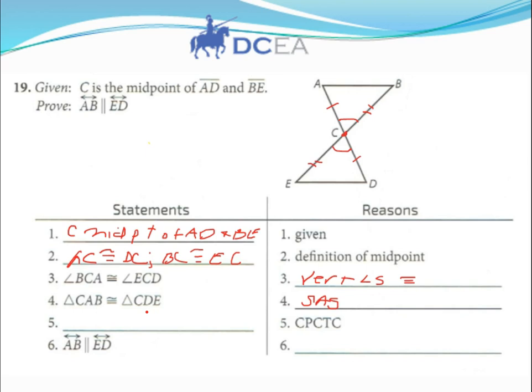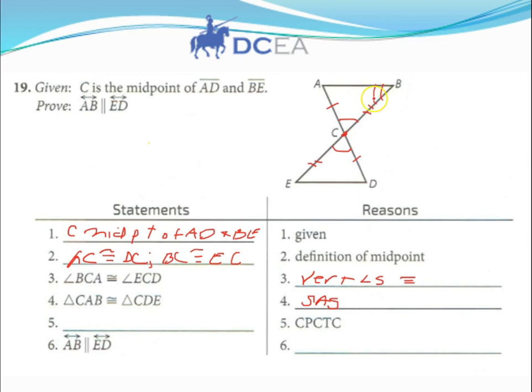Now we can take a piece of this, and we need to prove that these are parallel lines, that AB is parallel to ED. The way we can do this is by using another set of angles, and you actually have two options here, but I'll pick this one.